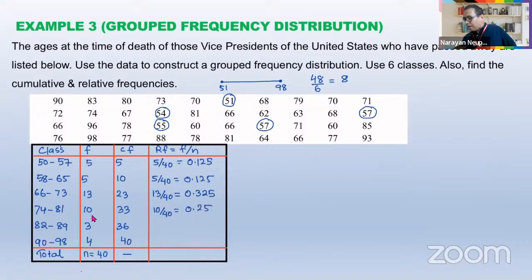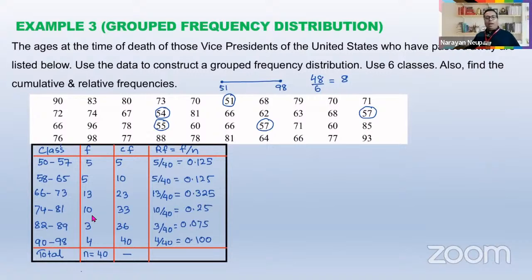Next one is 3. 3 divided by 40 is how much? 0.075. Finally, we have 4 out of 40, which is 0.1, or 0.100, however you want to write it.